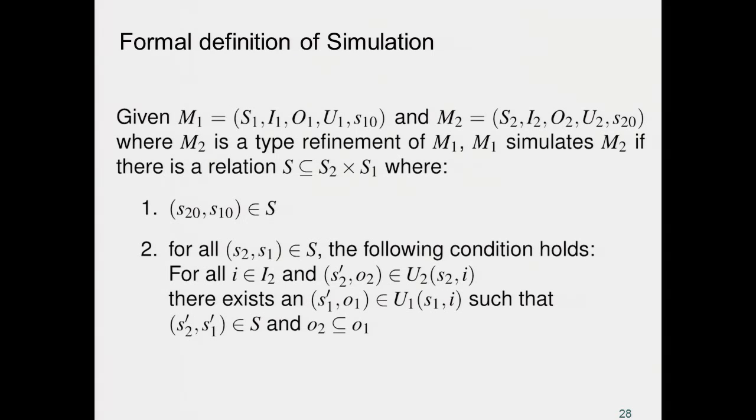And that is the reason why one simulates the other. If it is equal, then they are equivalent. They are bisimilar, as we say. But in this particular case, they are not, because O2 must be contained in O1. So it may not be that way.